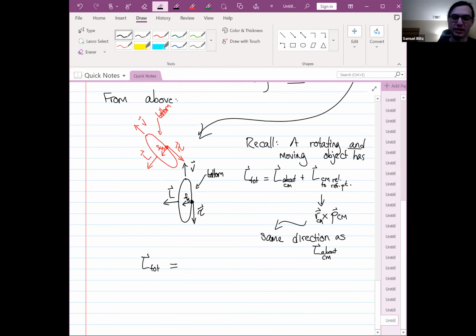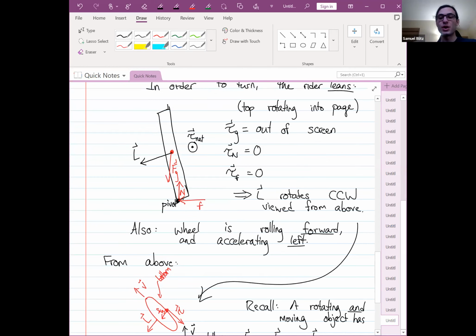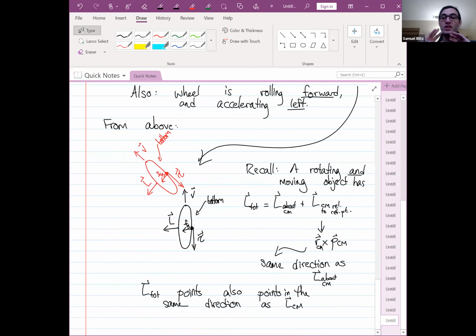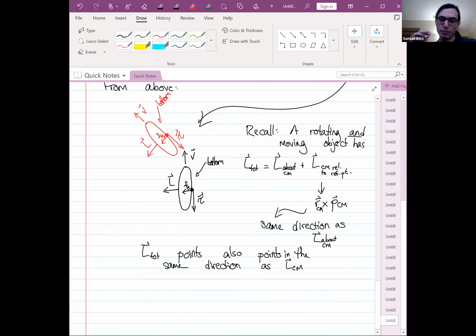Let's just say the total angular momentum also points in the same direction as L_CM, which we've already established is down to the left. And so when the torque affects the angular momentum, what it's really affecting is the angular momentum relative to that reference point. So it doesn't just affect this angular momentum, it affects both the angular momentum relative to the center of mass, also points in this, yeah, fair enough.